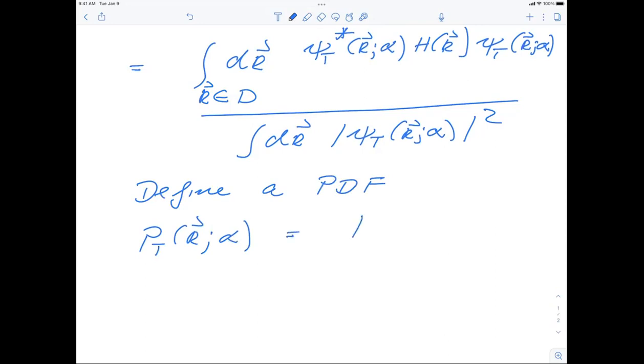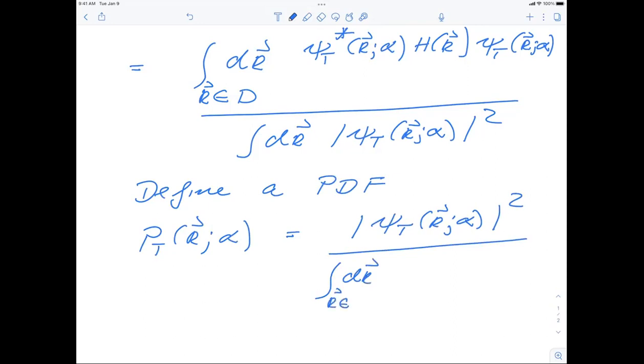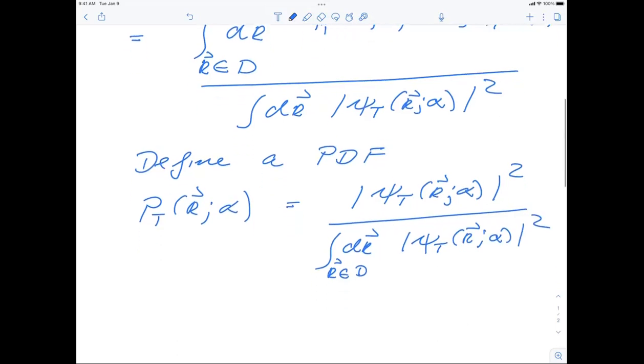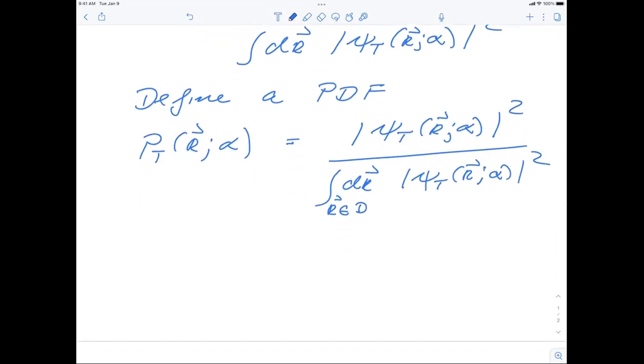If we use the standard quantum mechanical interpretation, this is given by the wave function squared. And since we don't have the exact wave function, we have to deal with the trial wave function, again given by this psi T of R and alpha. So this is the definition of a quantum mechanical probability.